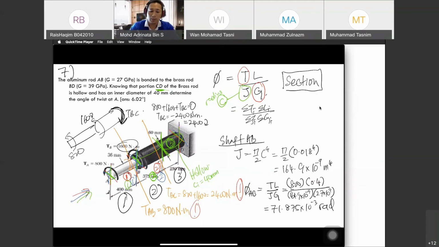Bila awak tulis macam ni, phi is equals to TL over JG, so J equals to pi over 2 C, C is equals to 0.6 divide by 2, so lebih selamat bagi saya buat satu persatu. Jangan buat silly mistake untuk exam.